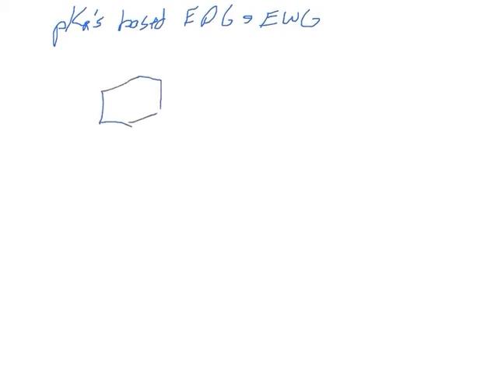So, explaining pKa's based on electron donating and electron withdrawing groups. How do we understand how that affects it? So let's look at two examples, or we'll give you three, I guess. One with NH2.